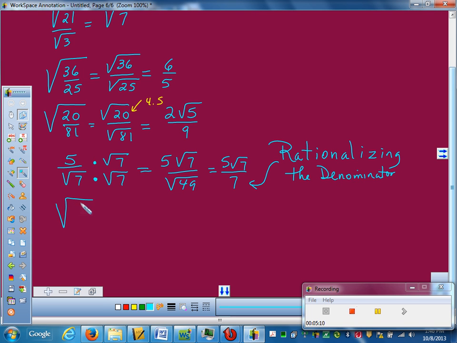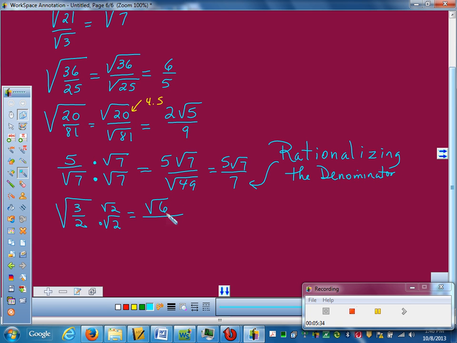So if I said, what about the square root of 3 halves? Technically, that's the square root of 2 on the bottom. Times by the square root of 2, which would give us what on top?